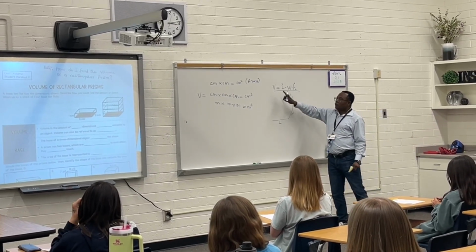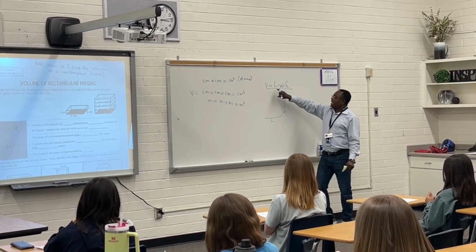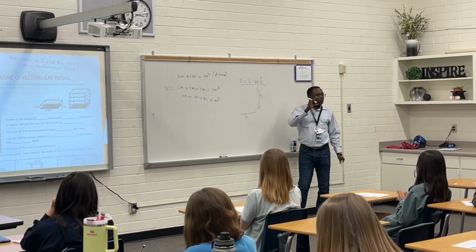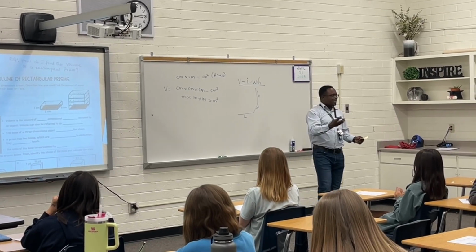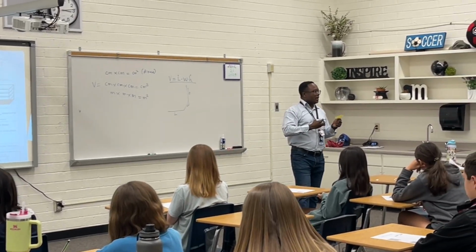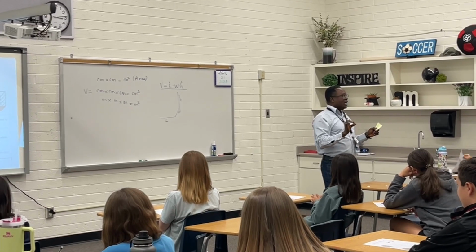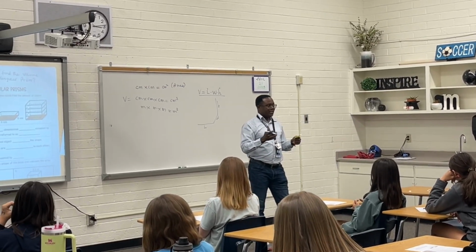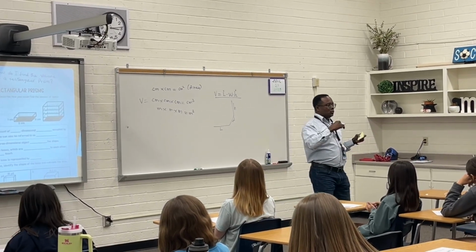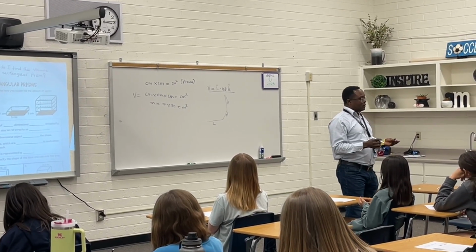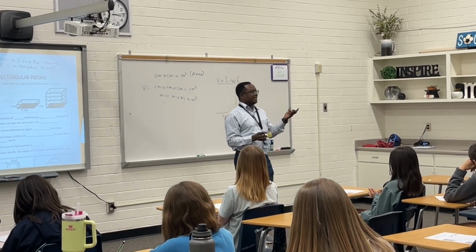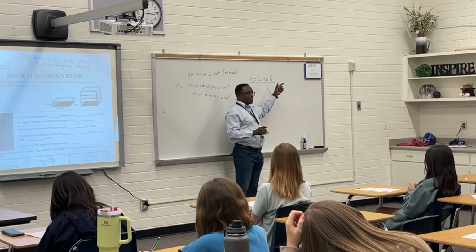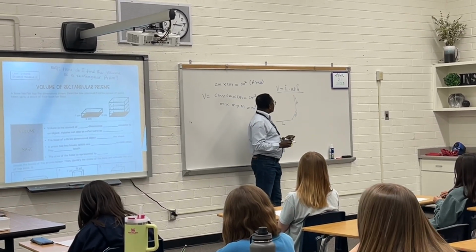So if you are given the volume and then you have to find the length, it means they are going to give you the width and then the height. But what we are going to do is this: just plug in the values. First quote the formula, and then you plug in the figures. And then you use the simple equation that we have learned so many times. You apply the simple equation to find the missing length or the width or whatever. So that is what we are going to begin.